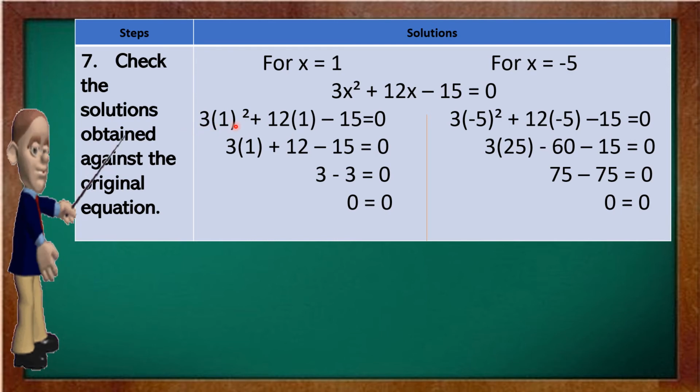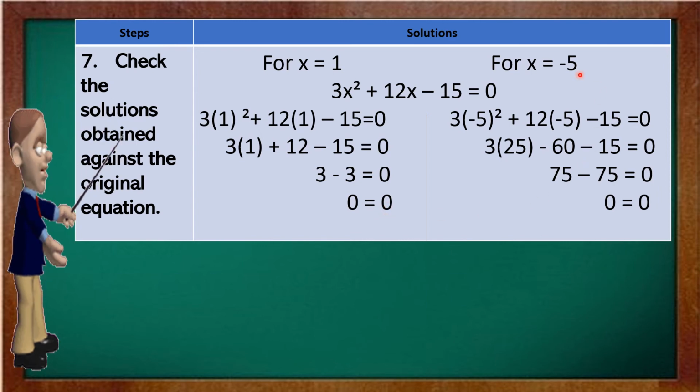So 3 times 1 quantity squared plus 12 times 1 minus 15 equals 0. So 1 times 1 is 1. So 3 times 1 is 3. Then 12 times 1 is 12 minus 15. So 12 minus 15 is negative 3. Then 3 minus 3 is equal to 0. Then 0 is equal to 0.